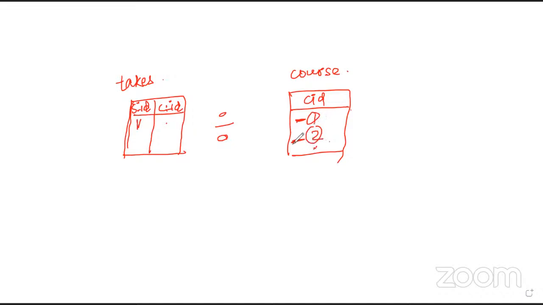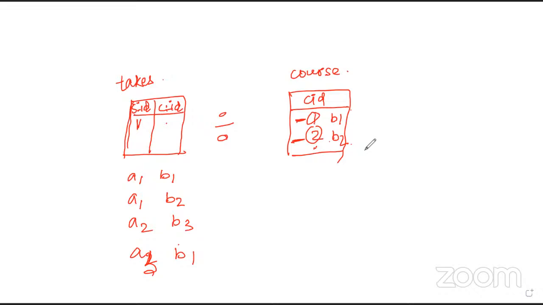Previously in this way we check A1, B1, A1, B2, like this, A2, B3, and A1, A3, B1, right? And suppose the course table has B1 and B2. The question is: find the student ID who took all the courses.